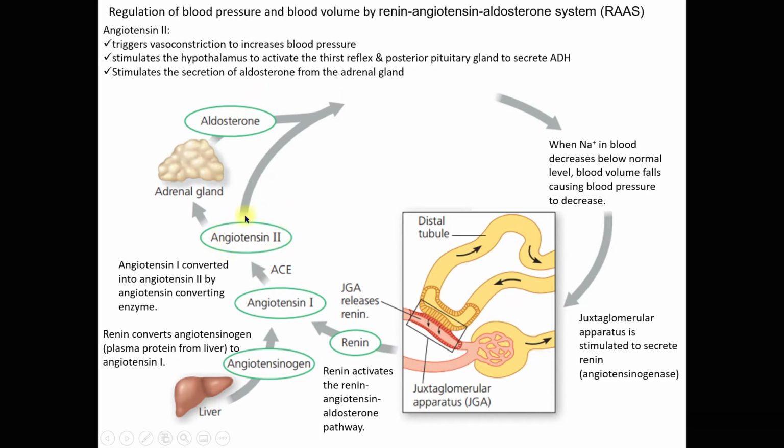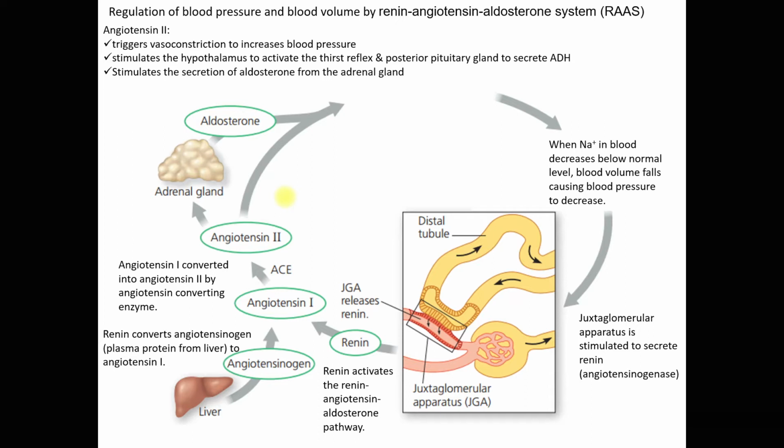So this angiotensin 2 will cause these three things here. First, this angiotensin 2 will trigger vasoconstriction of the blood vessel. When the diameter of the blood vessel decreases because of the vasoconstriction, what happens to the blood pressure inside the blood vessel?